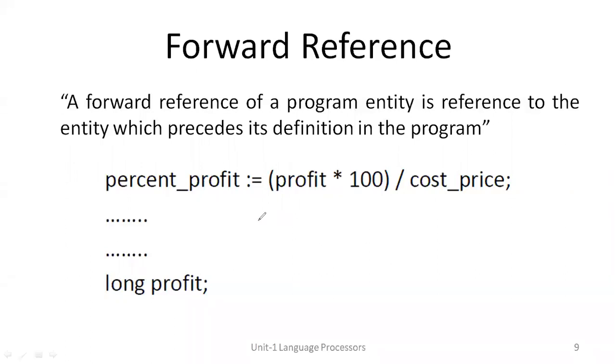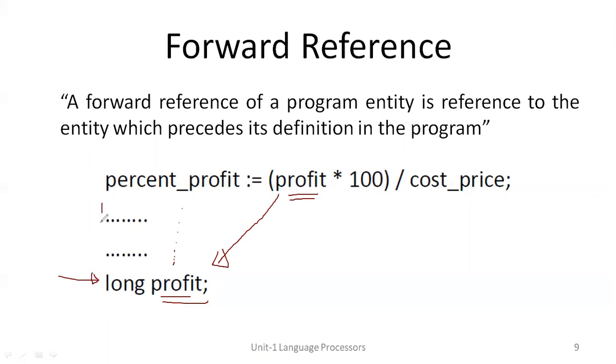Now here, profit is the entity which is used here, but its definition comes after its use. That means for these many statements, this particular statement does not know the meaning of profit until it visits this particular statement.